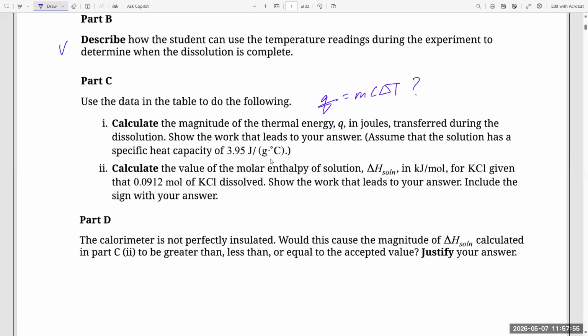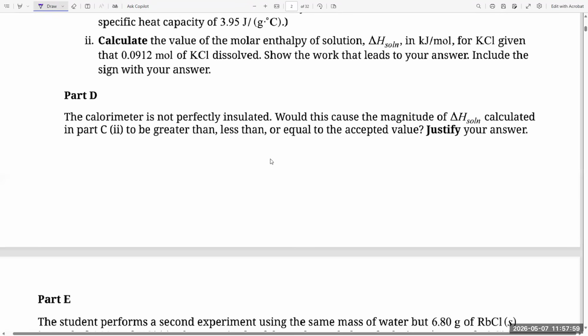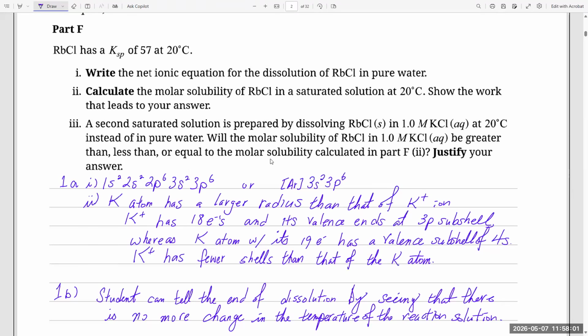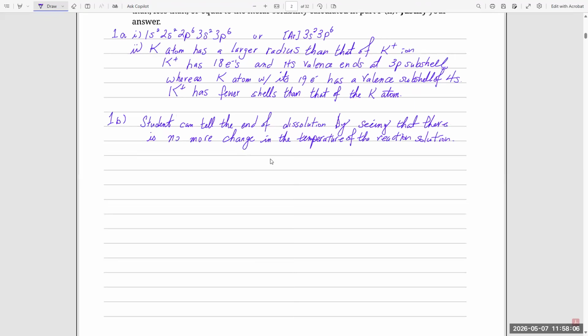So part C1. I'm going to scroll down here and make sure that I have enough room. Yeah, that's enough room, right? So it's 1C, Roman numeral 1. All right, so what are they asking us?